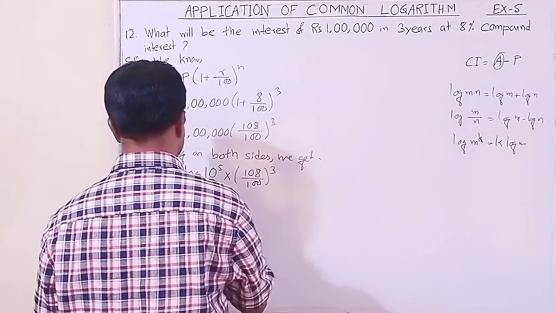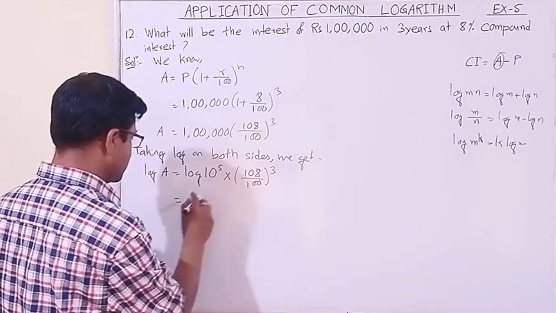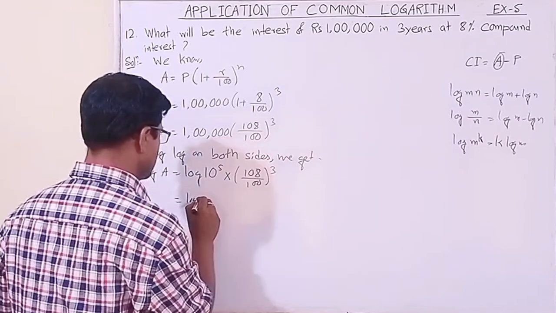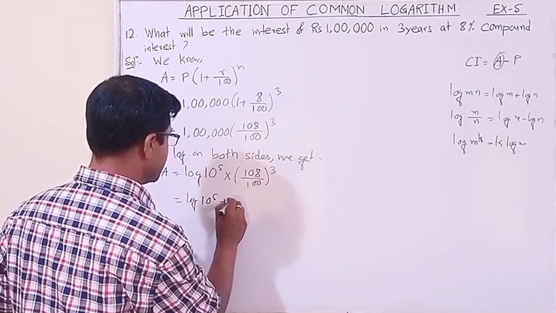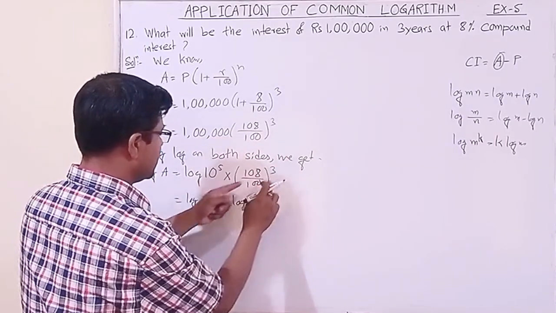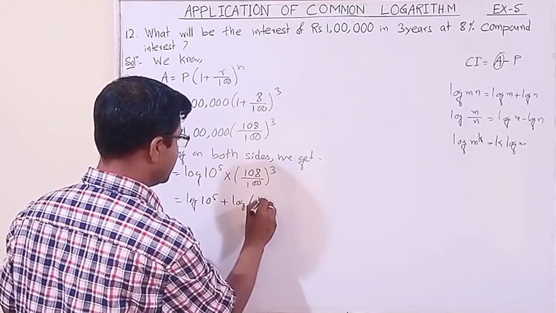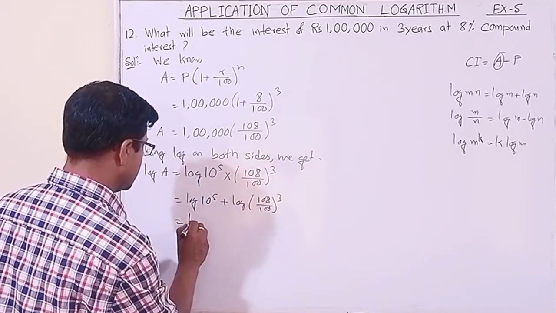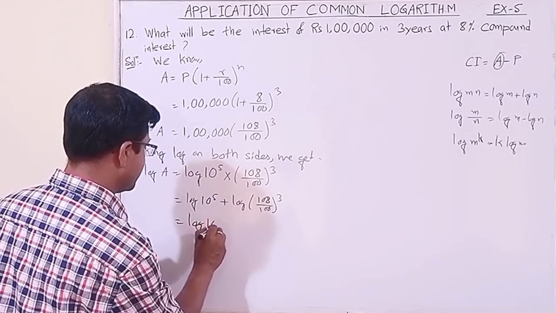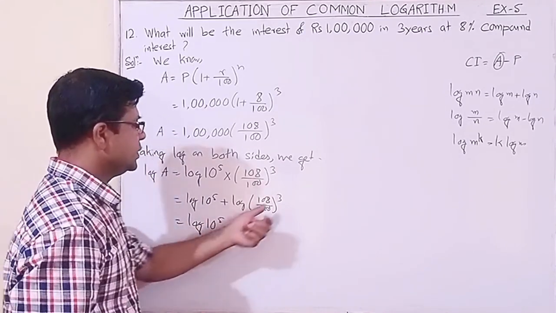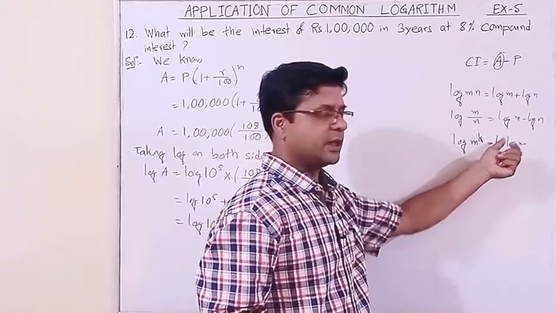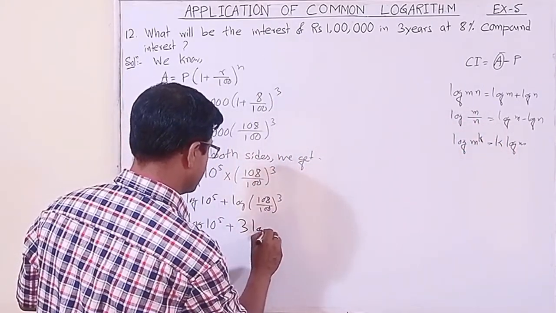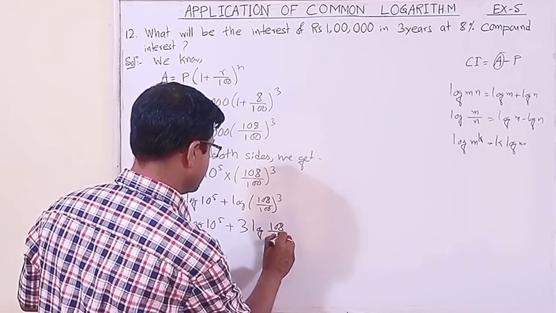So here, log of 10 to the power 5 plus log of 108 by 100 cube. Log of 10 to the power 5 plus, if k is the power it comes in front, so 3 will come here, log of 108 by 100.